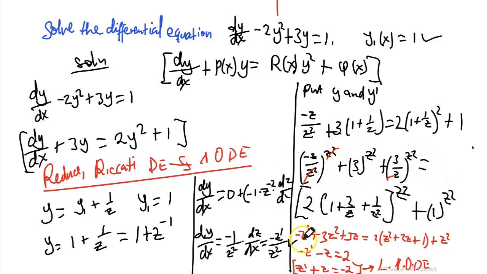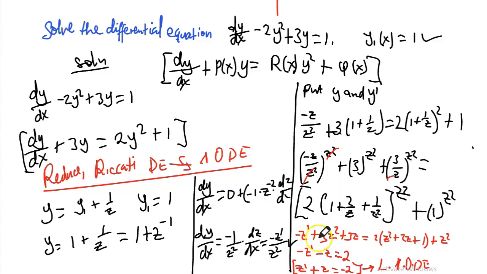We will have negative z prime plus 3z squared in terms of these, plus 3z, is equal to, if I open up the whole of this bracket, 2 into 1 gives me 2, so I will have 2 into z squared, because all these are being squared by z squared, plus 2z plus 1, then plus z squared.